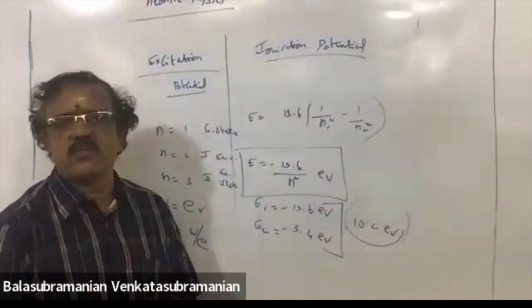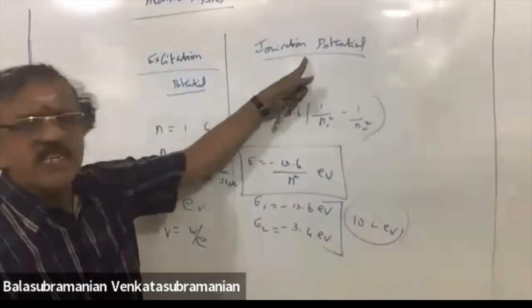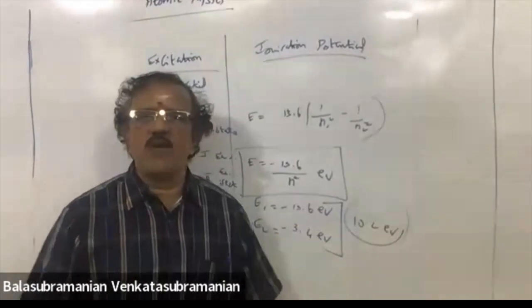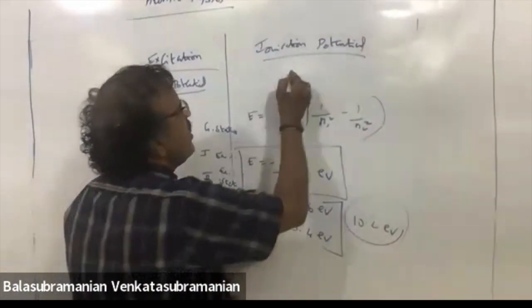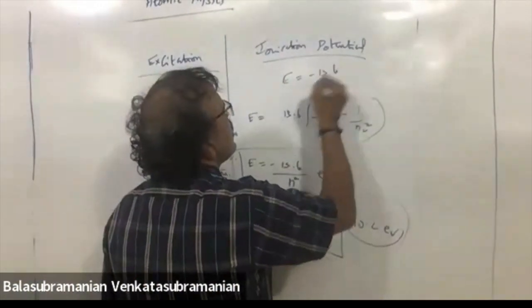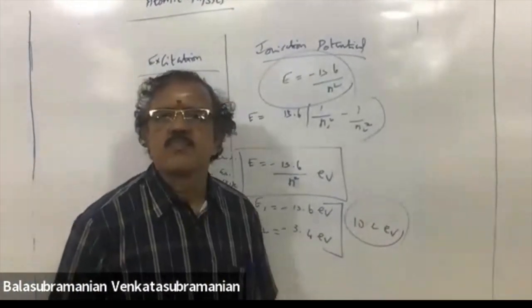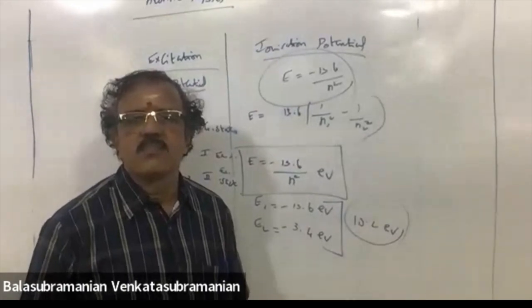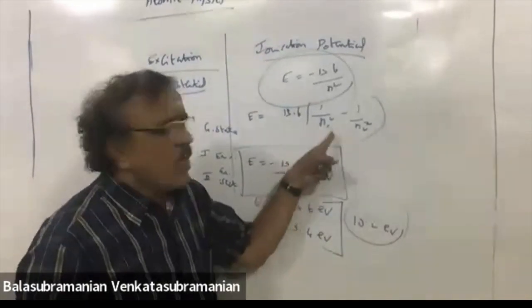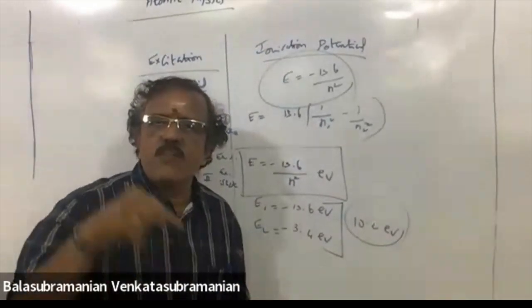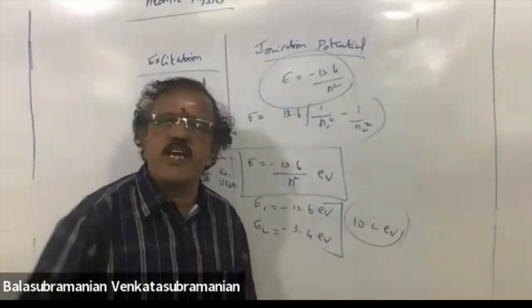Like that it goes. Ionization means removal of an electron, only one value. E is equal to minus 13.6 by n square. You are removing the electron from the first orbit to infinity.